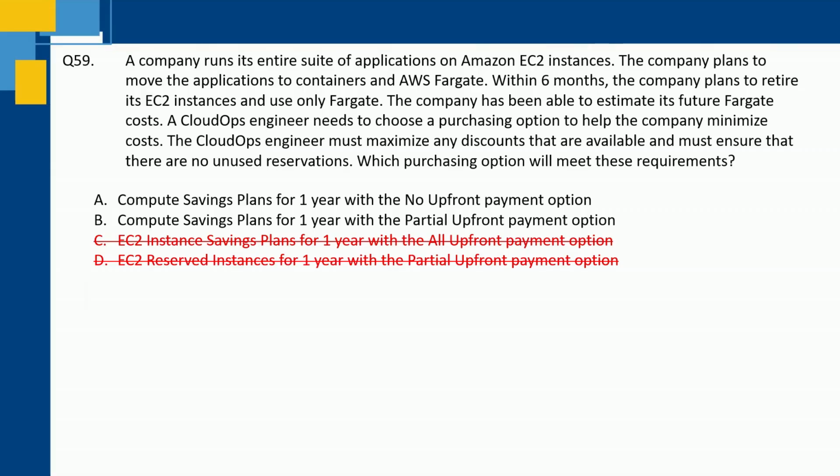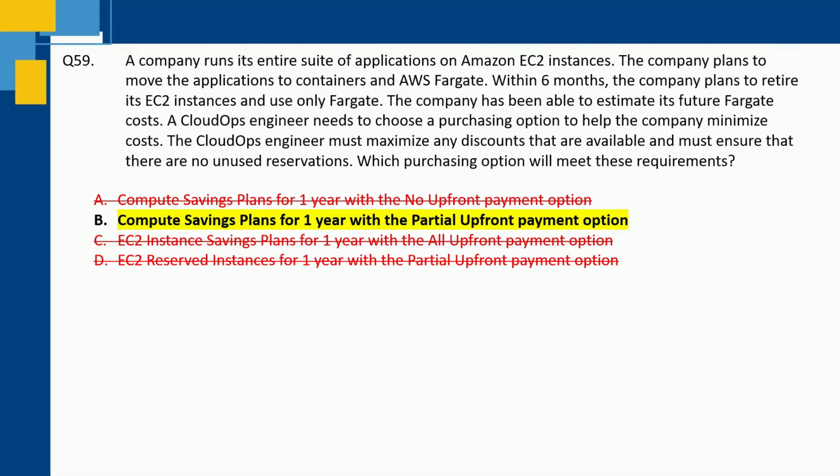Now the question is whether to use the no upfront payment option or the partial upfront payment option. I think partial prepayment may offer higher discounts here, making option B the correct choice. The question explicitly states the company has been able to estimate its future Fargate costs, which is why I think it's better than the no upfront payment option in this case.